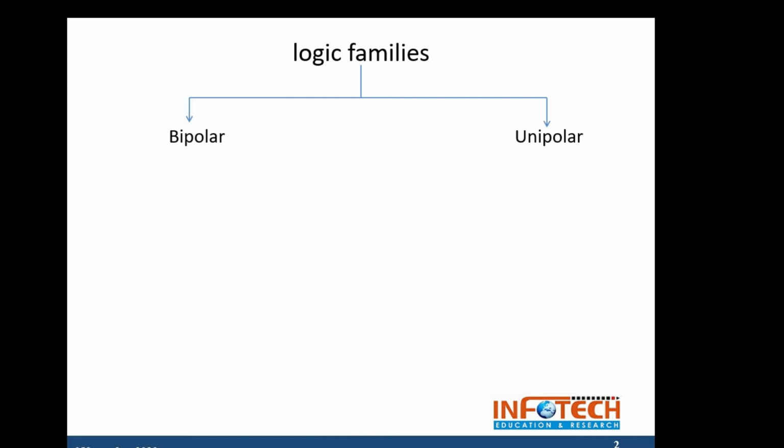So all these are digital logic families. Logic families are characterized into two. First one is the bipolar and second is the unipolar logic. Now you know that the bipolar element we are having is BJT, that is a transistor, NPN or PNP.